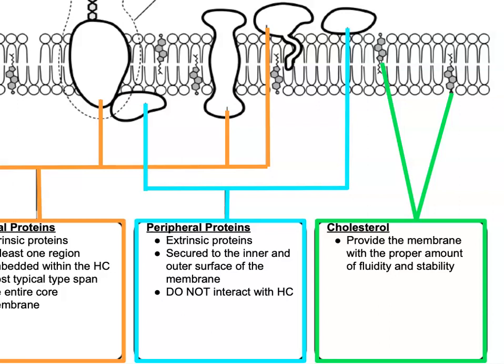For example, when some oils are cooled, like coconut oil, they lose their ability to flow and become a semi-solid gel. It is important to note that plant and bacterial cells do not contain cholesterol in their cell membranes.